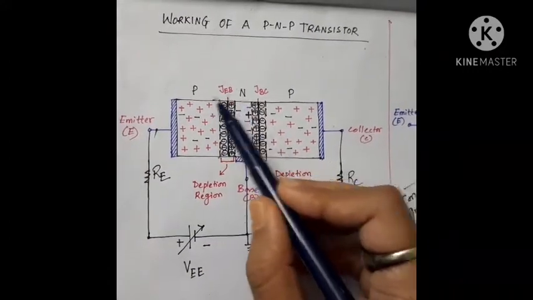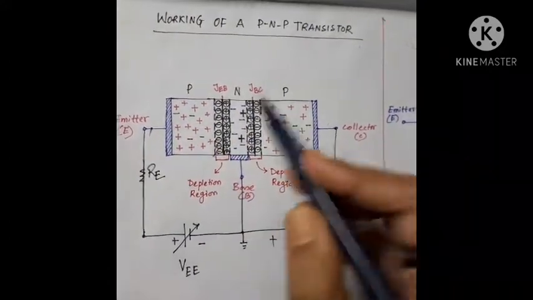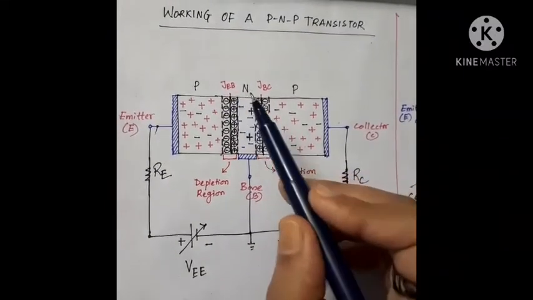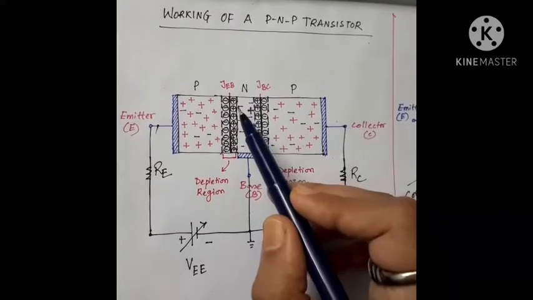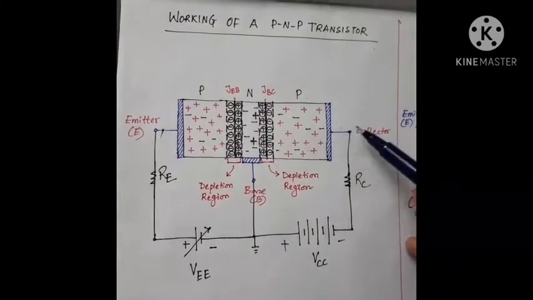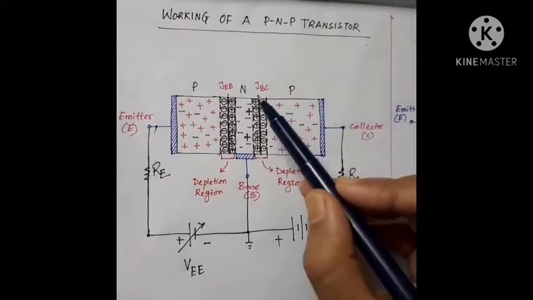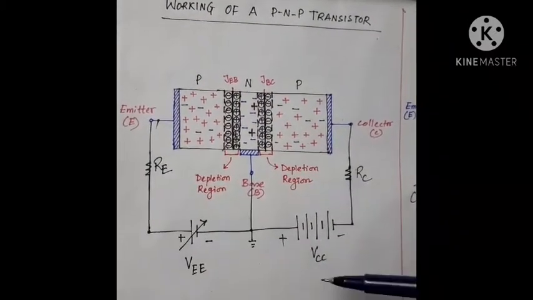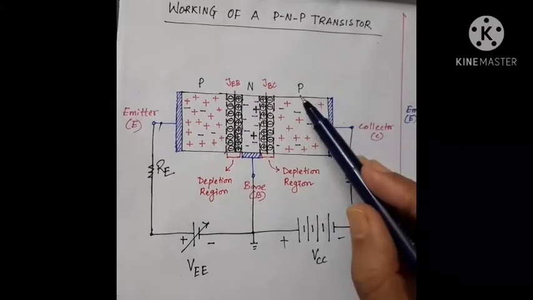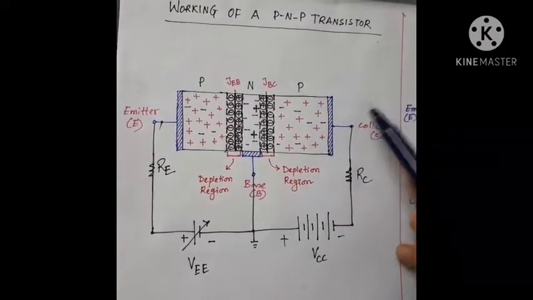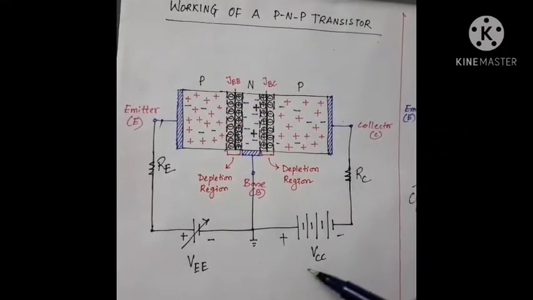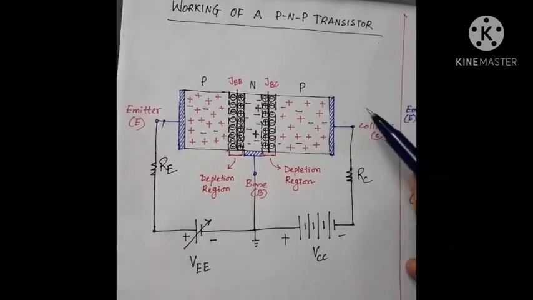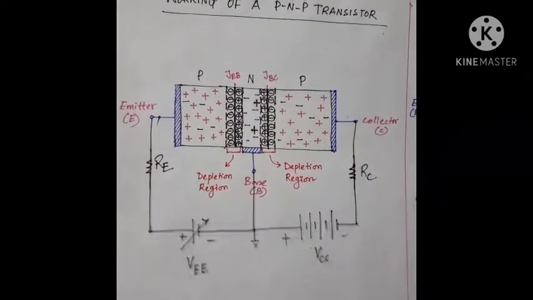Due to this connection, the emitter base junction, which is a PN junction, is forward biased, and the collector base junction, JBC, is reverse biased with the voltage VCC. As you can see, the p-type semiconductor is connected with the negative terminal of the voltage source VCC through the resistor RC. So obviously this junction is reverse biased.